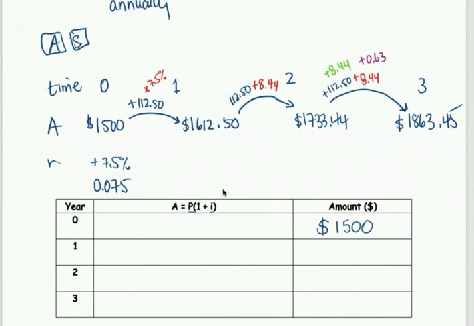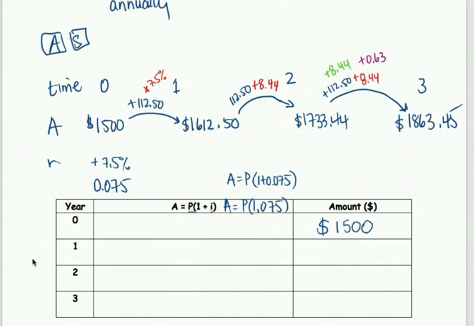So if I write it up here, A equals principal times 1 plus 0.075, there's our interest. Okay, so then it'll be that value. So you're going to take your principal and multiply by that value there. Okay, all right, so the first year there is no interest being added on.